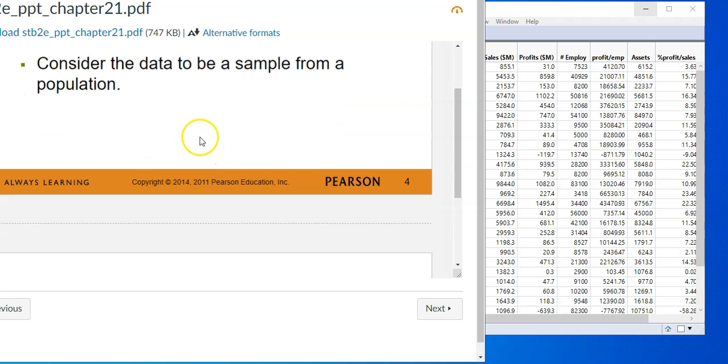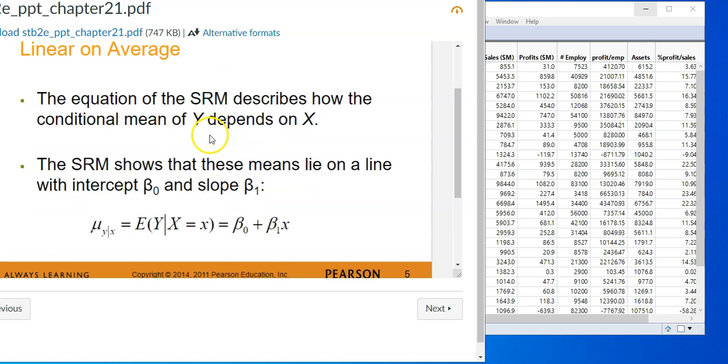Okay, so simple regression model, we all know what it is. I want you to be familiar with this representation of the regression model. So I said the regression model is an estimation. So what is mu? Mu represents average.